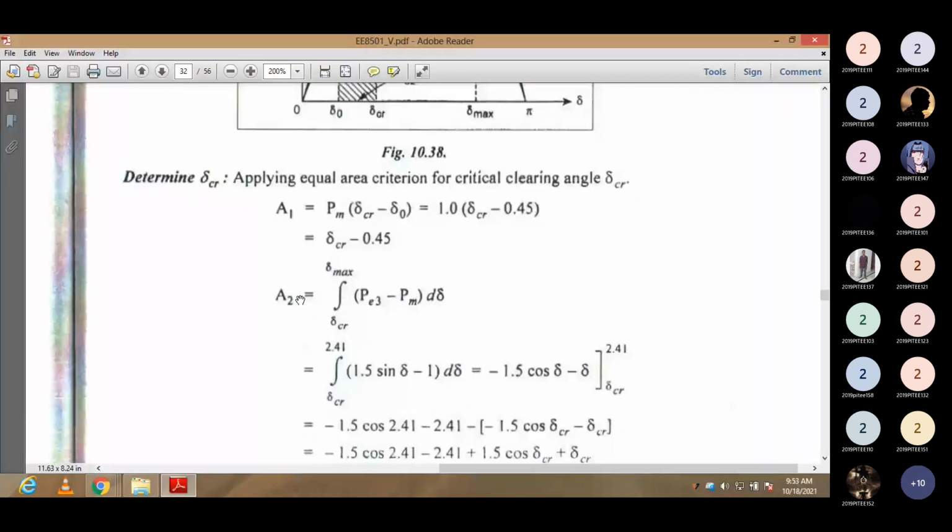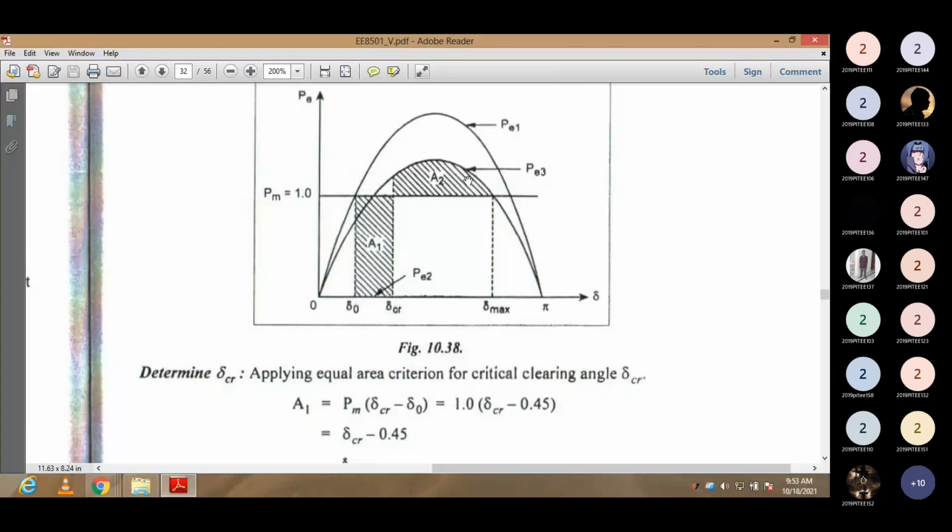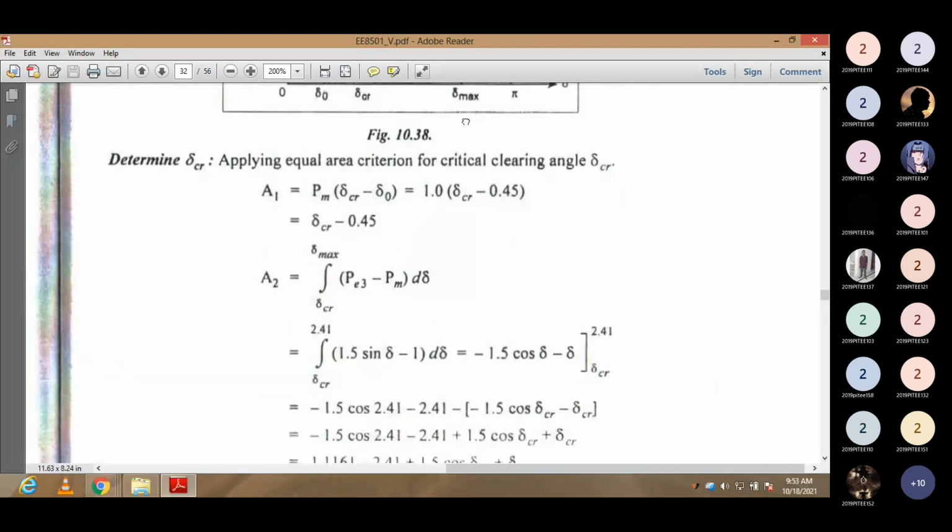A2 is the integral from del CR to del max of PE3 minus PM. The PE3 is cutting here as well as PM. So PE3 minus PM, d del. PE3 value is 1.5 sin del, minus 1, into d del. Limit is del CR to 2.41. Del max value is 2.41.